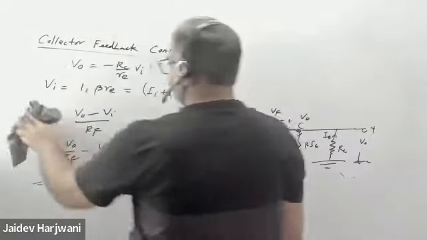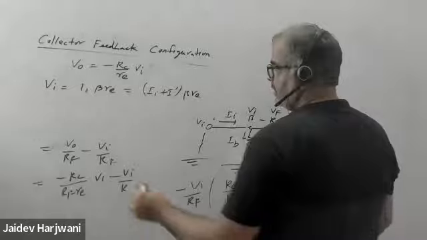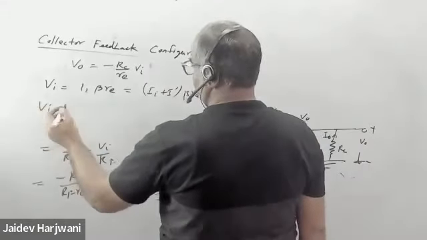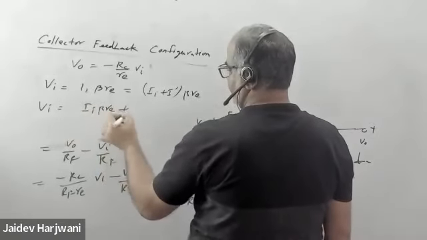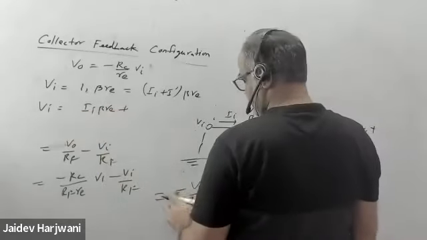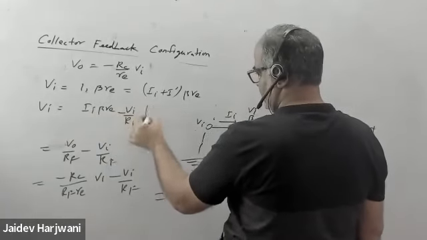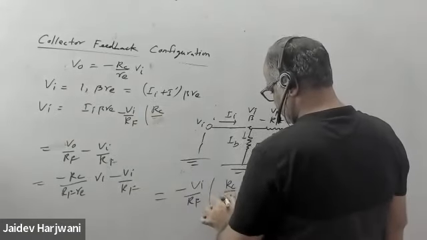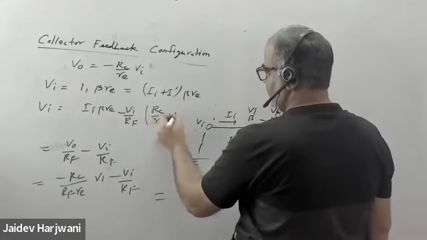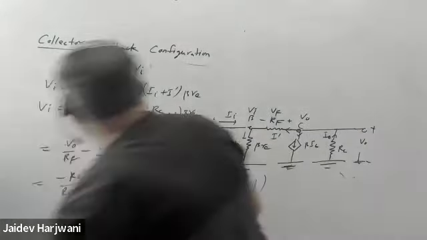So now put this value here. Plug this I dash value here. So you have V input, okay? So you have I input beta RE plus I dash is your minus V input RF, okay? RC plus RE, RC plus RE plus 1 beta RE, okay?